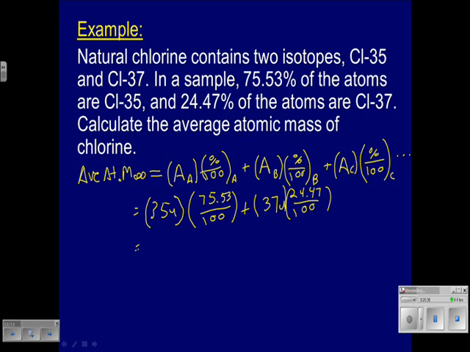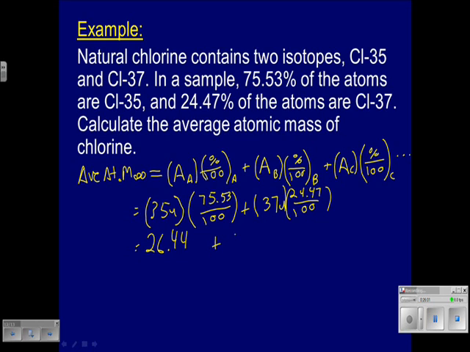35 times 75.53 divided by 100. That first number is equal to 26.44. 37 times 24.47 divided by 100.